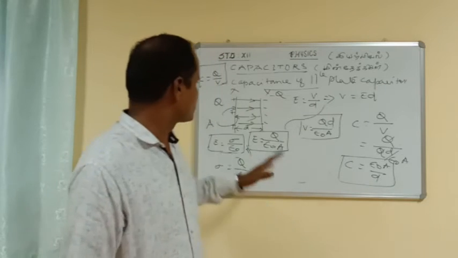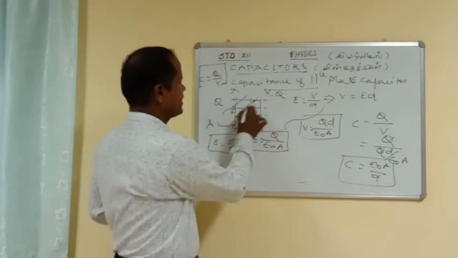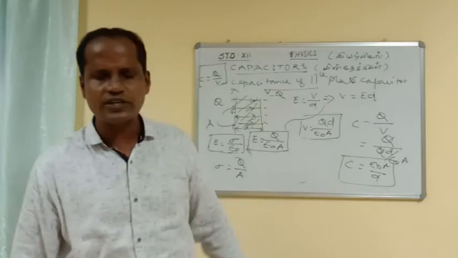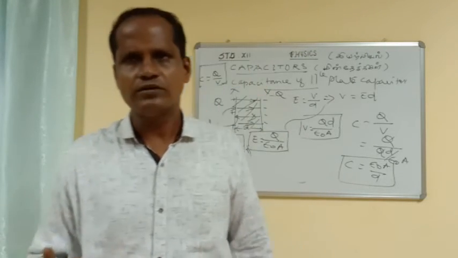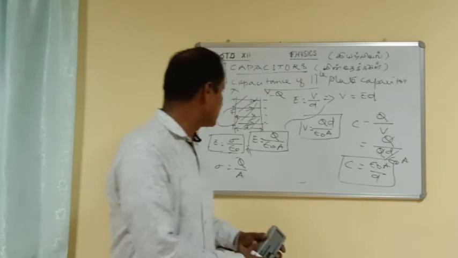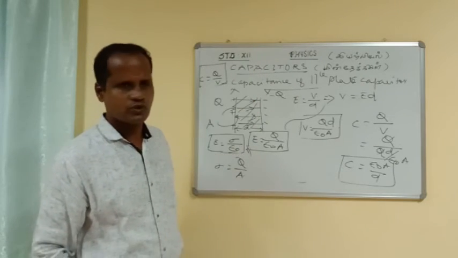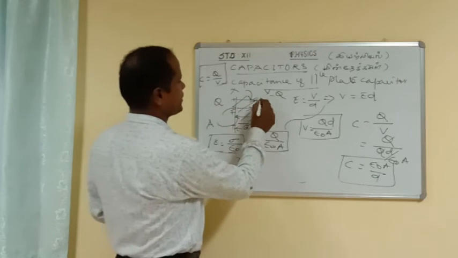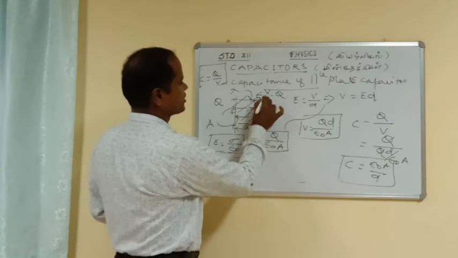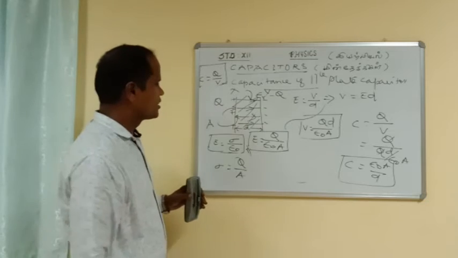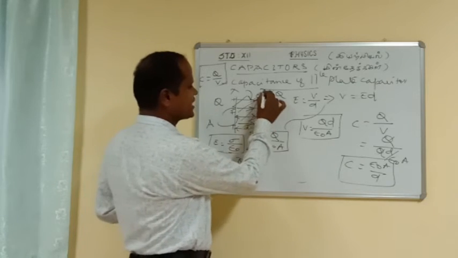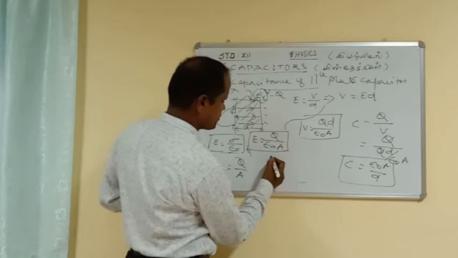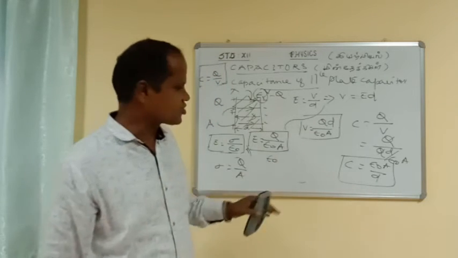If in between you place any dielectric medium, in the first case we have seen air medium. Suppose you place any dielectric medium, then the dielectric constant is what? Epsilon R. Permittivity of free space is epsilon naught.